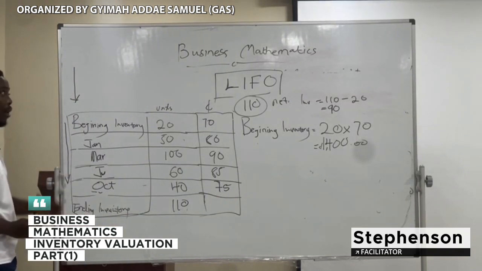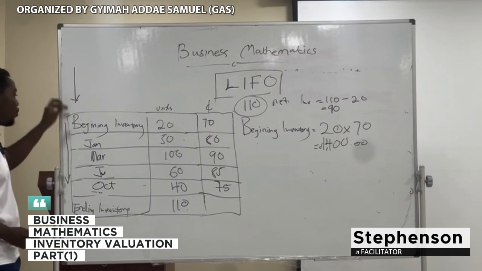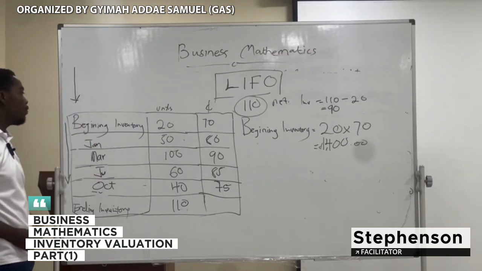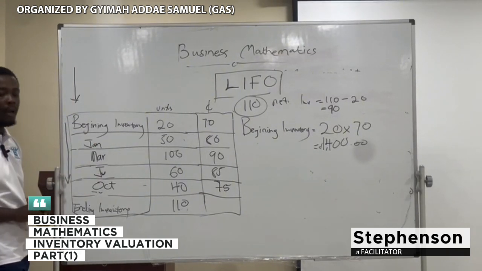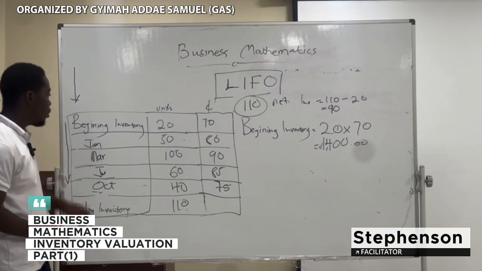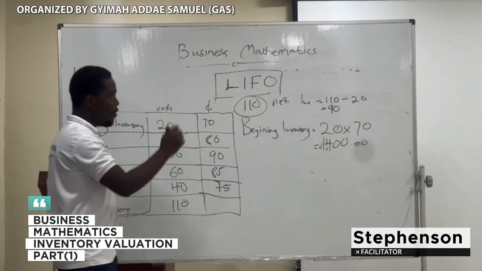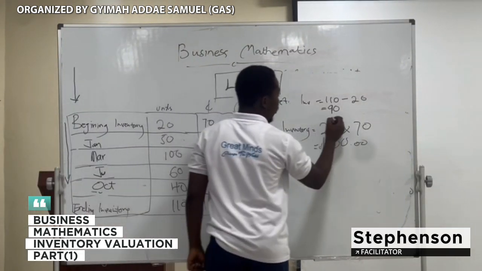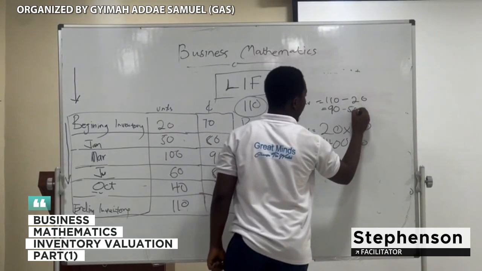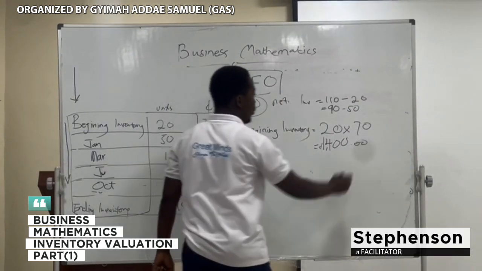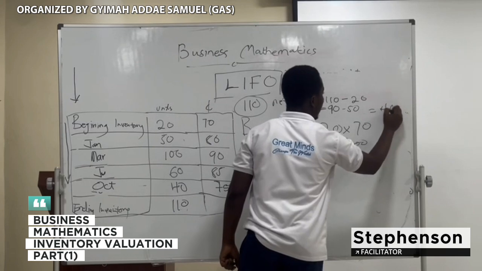January. We said we value our inventory from the top to down. So we are done with beginning. Let's move on to January. January is going to take 50. So when you subtract 50 from our net inventory, we will get 40.